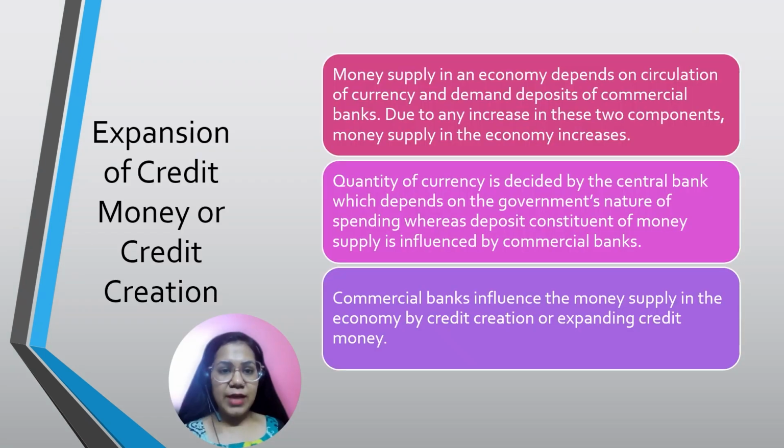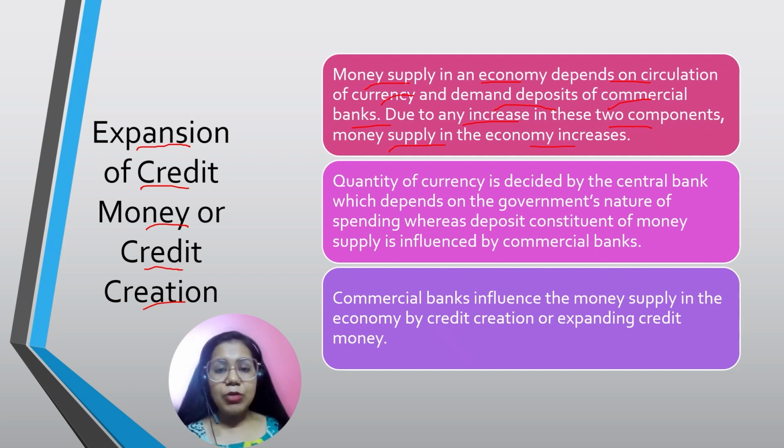So now let's read about the expansion of credit money or credit creation as done by the banks. So money supply in an economy depends on the circulation of currency and the demand deposits of the commercial banks. So due to any increase in any of these two components, money supply in the economy will increase because they are directly related.